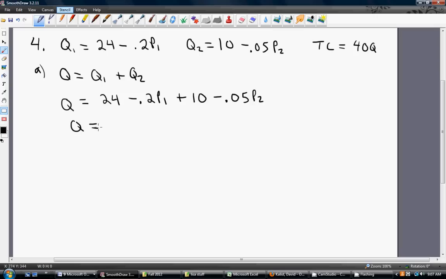Total market demand in this case equals 34 minus 0.25p. When you're not price discriminating, the price is set the same in both markets, so P subscript 1 will equal P subscript 2. Just add up the P terms then.